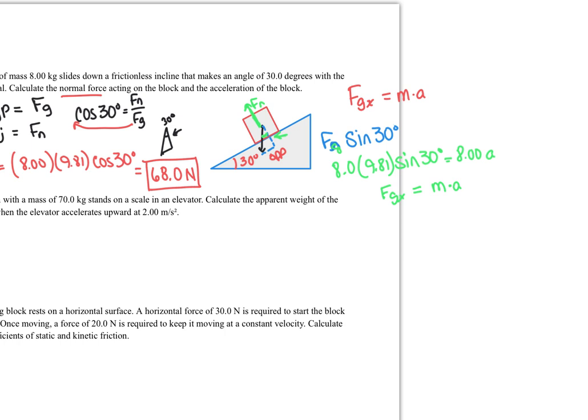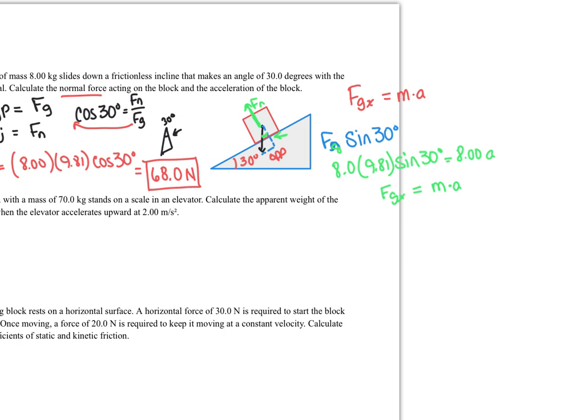When they ask for normal, we just solve for force and we stop because it's not moving up and down on that incline. There is no acceleration. It's equal and opposite. It's not floating or sinking into it. The acceleration is only going to happen in the parallel position. So we use our cosine to find our normal force, and we stop. But for our acceleration, we use the gravitational pull in the x position, which is sine.